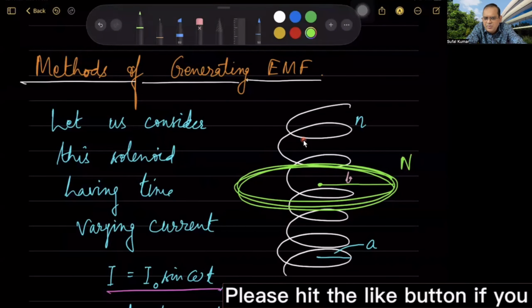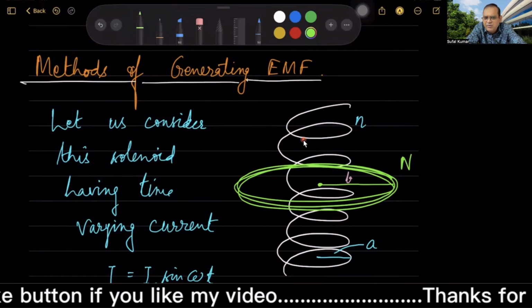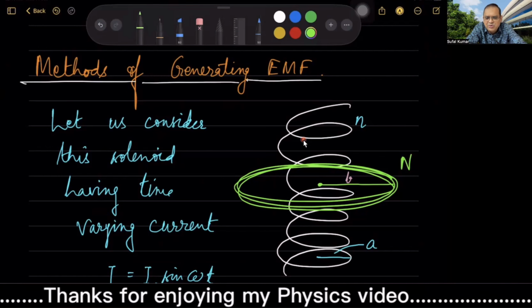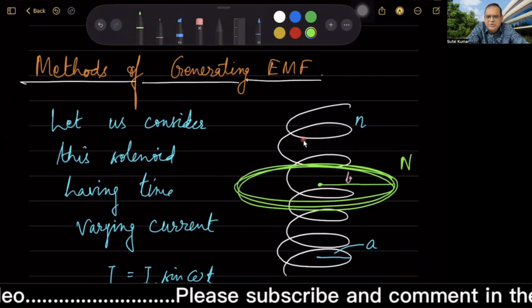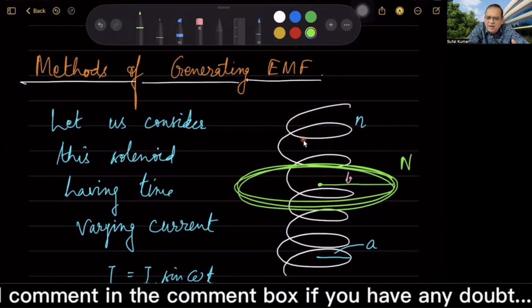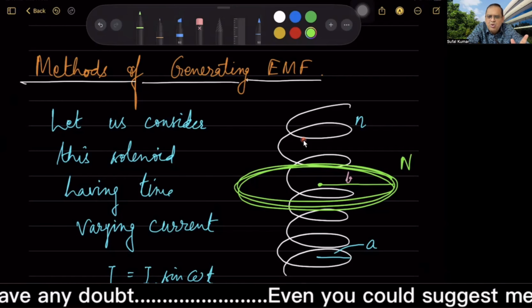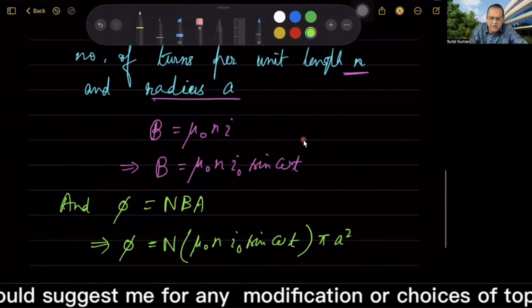Later, in the third video, I'm going to clarify in detail what mutual induction is, but I didn't plan to discuss it in the current video. For the time being, take mutual induction as the phenomenon in which primary and secondary coils mutually induce each other.